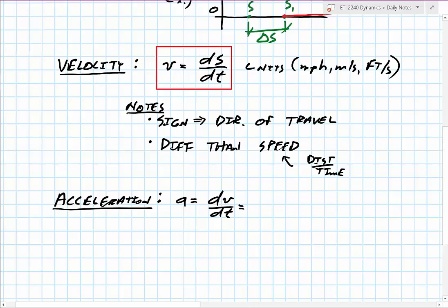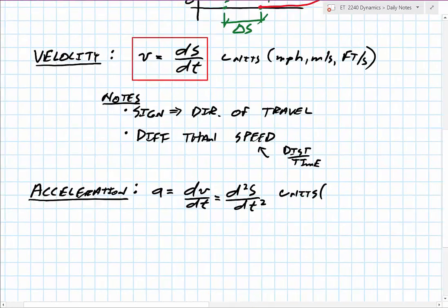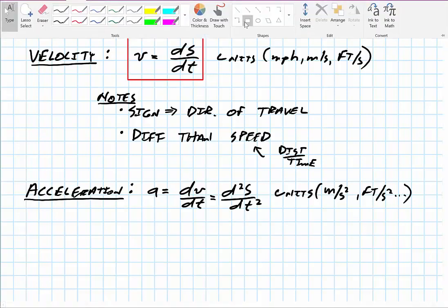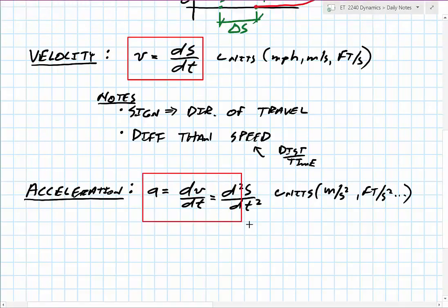And of course, since velocity is the change in displacement, then we have the second derivative of displacement with respect to time. Units then would be distance over time squared, so meters per second squared, or feet per second squared, or whatever else you might have. Draw a little box around there.